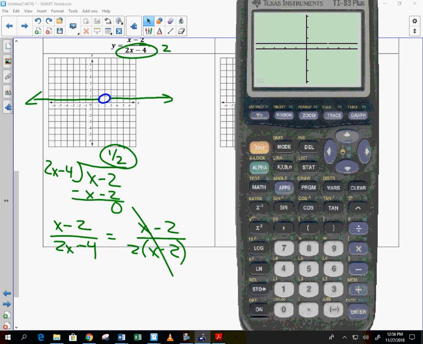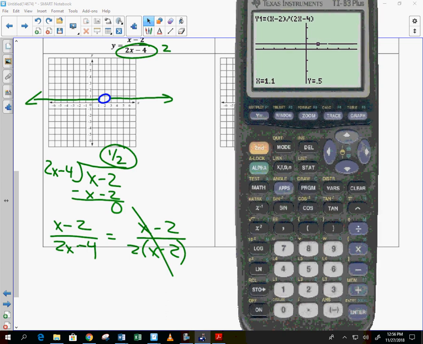You press trace and you move over and you're like, okay, look at the x and y values. There they are. And when you get over to x equals 2, it just disappears.